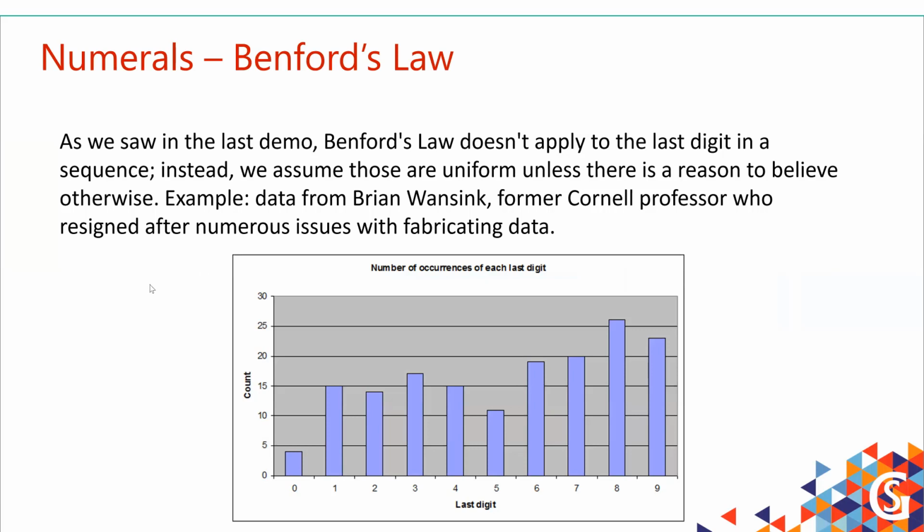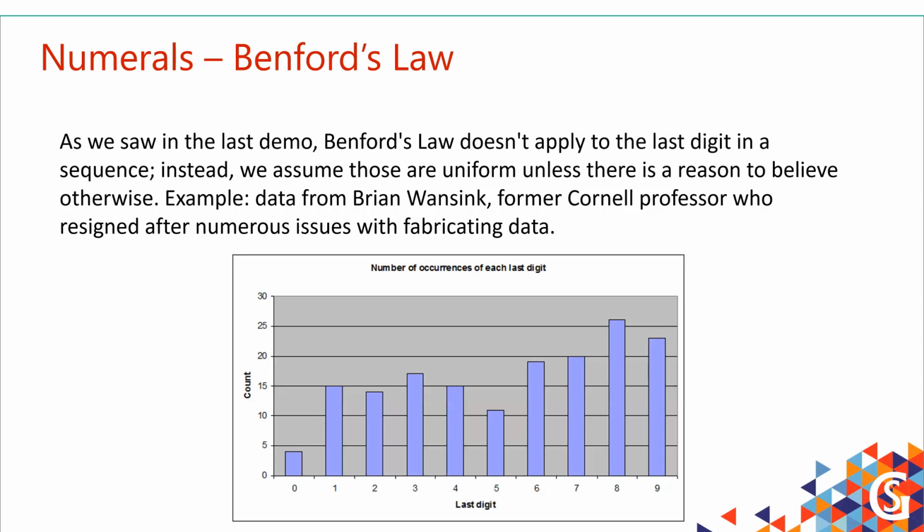This is an example from a website that regularly criticized a fellow by the name of Brian Wansink. Wansink was a Cornell professor who was considered an expert on food research. And it turns out that he and his graduate students were making up data. One of the ways that you could see that they were making up data is, if you look at this chart, they were fudging numbers.